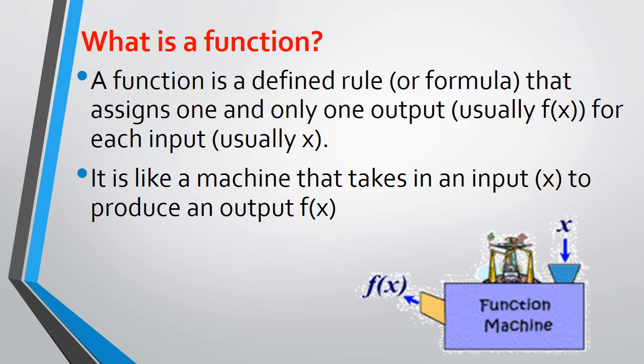Think about it: this is the defined rule, which is the machine, and we have the x going into that rule or machine and leaves that machine as f of x, or an output.